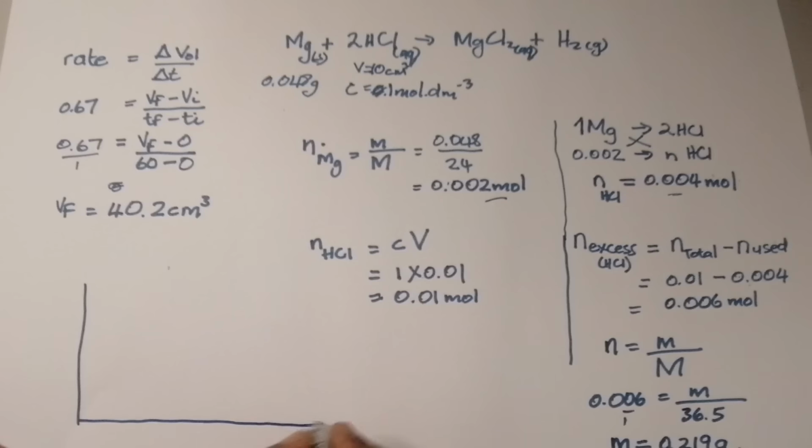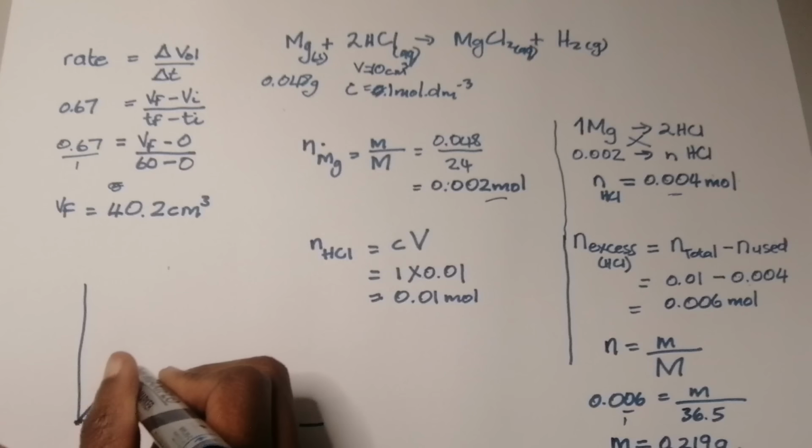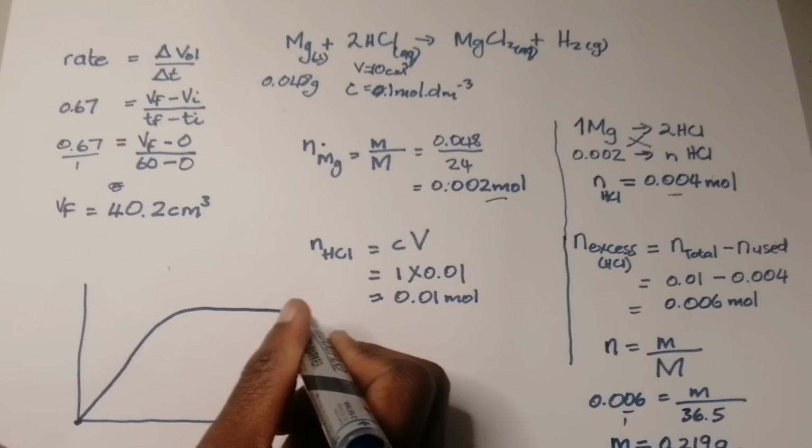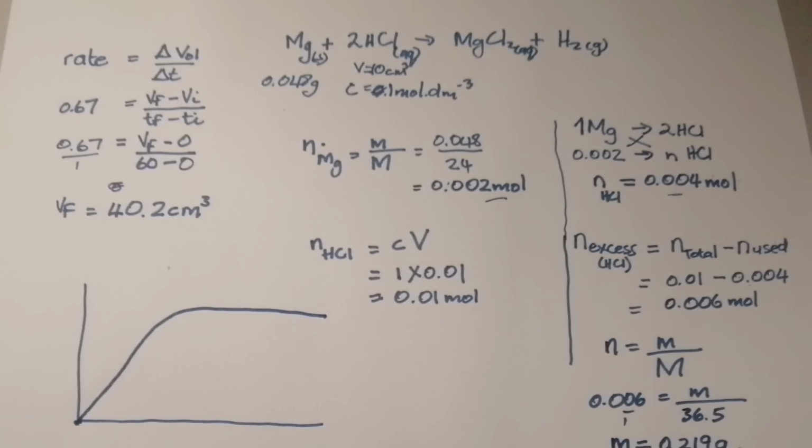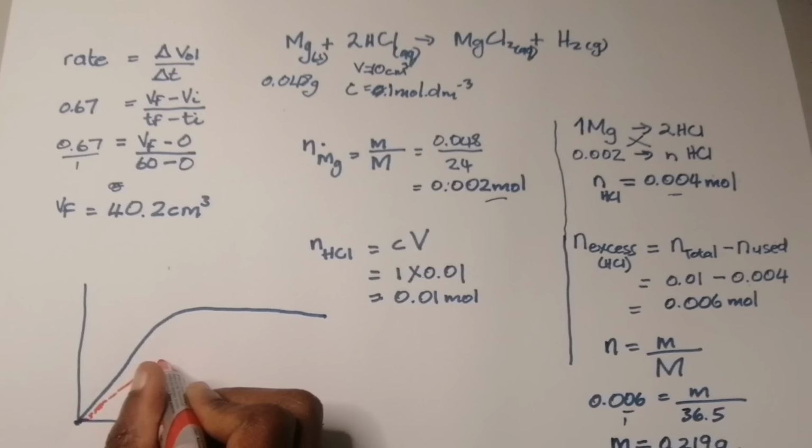So if for argument's sake this is our graph that shows us the production of hydrogen between magnesium and hydrochloric acid. Now when you put zinc, because zinc actually reacts much more slowly, your graph would tend to have a lesser gradient.